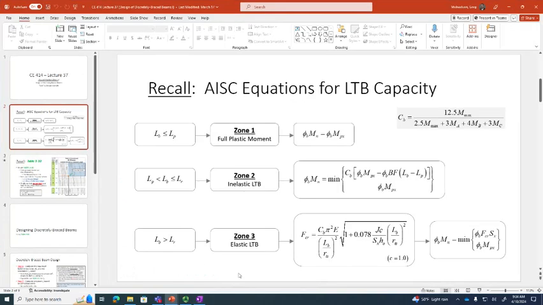I'm going to compute the top row, and then I'm going to say phi Mn is the minimum of that top row and phi Mp. So let's go ahead and do that.